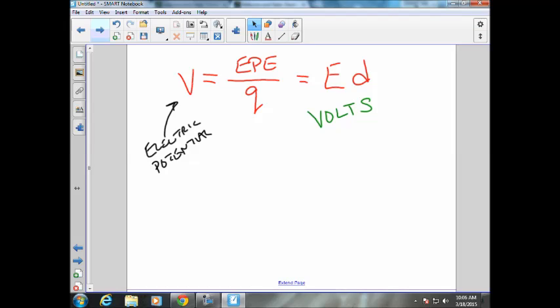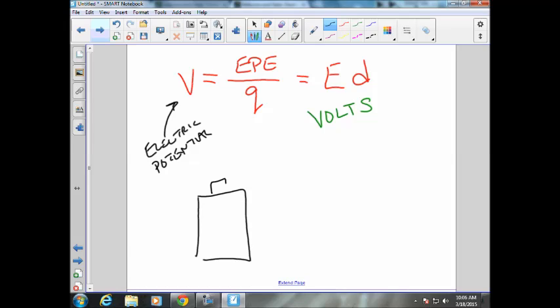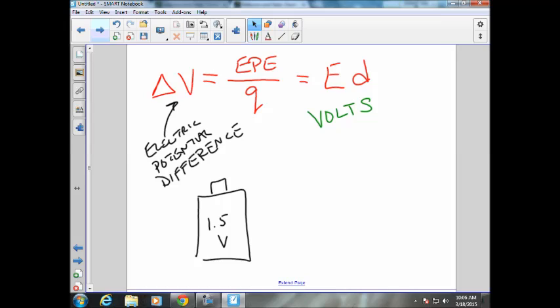A couple examples for you. Your average, ordinary, everyday 1.5 volt battery has an electric potential difference. You see, we talk about electric potential, the ability of a material to provide potential energy to a charge.